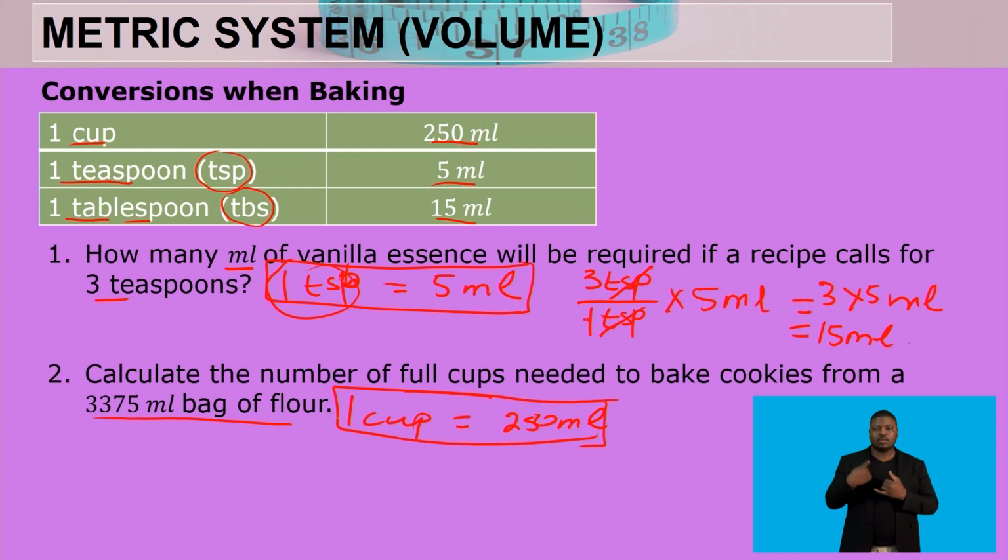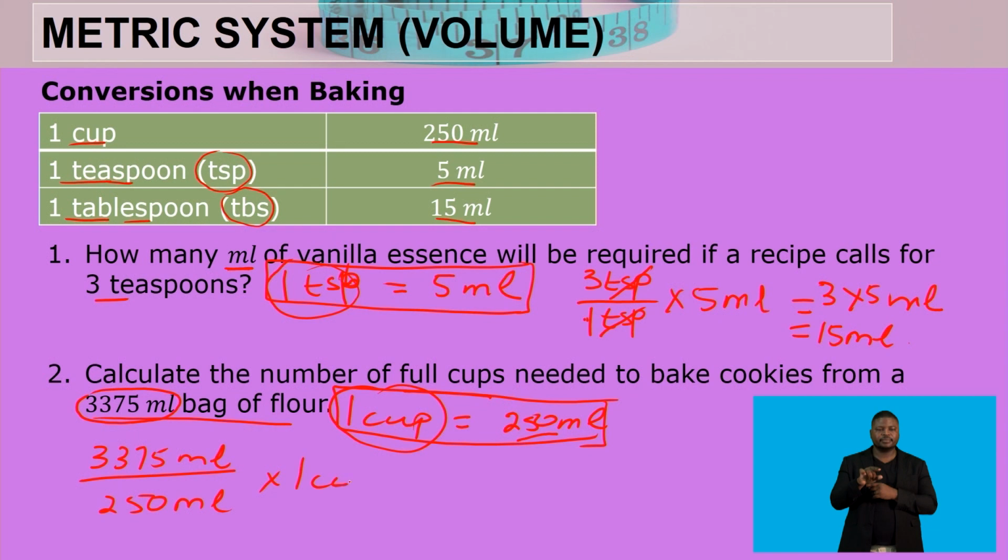Now we are checking what are we actually calculating, the number of cups. So we want the number of cups at the end. So we'll say 3,375 milliliters and check on our conversion factor. Which number can we divide it by? We can divide it by 250 milliliters because they have the same units. So we divide by 250 milliliters, then we multiply by what? By this 1 cup. Because the answer we want at the end should be in cups.